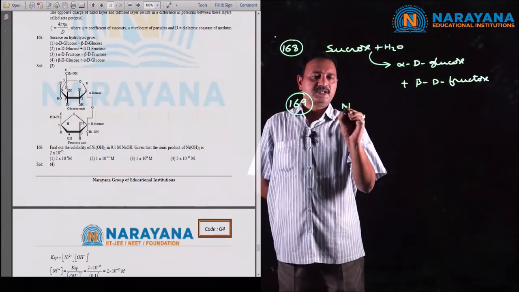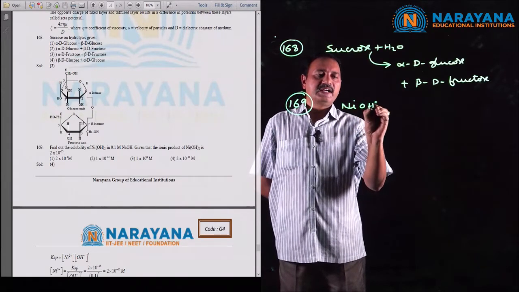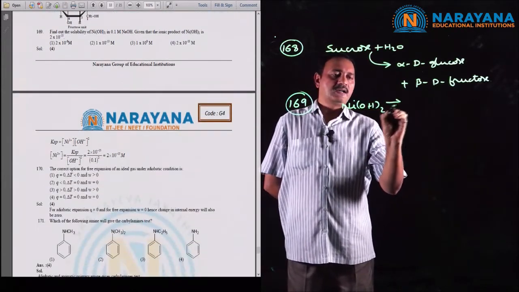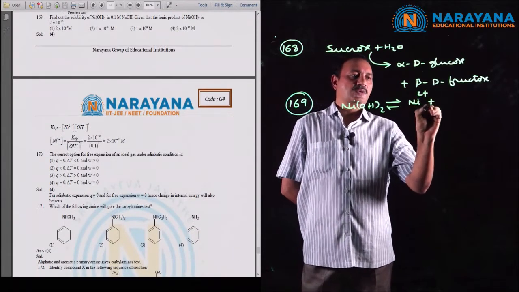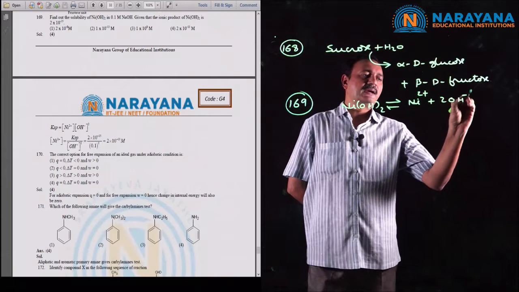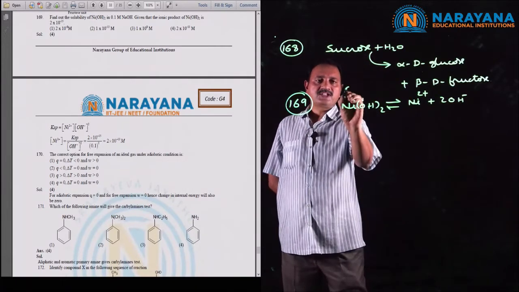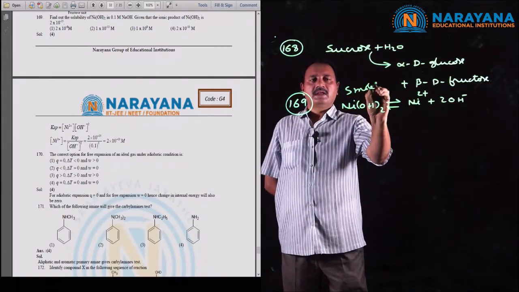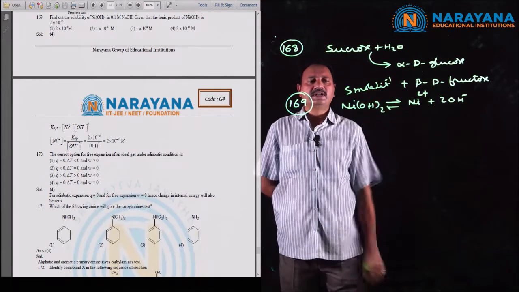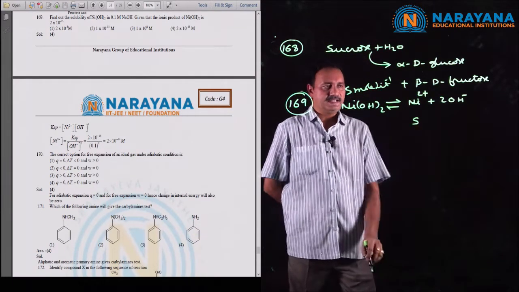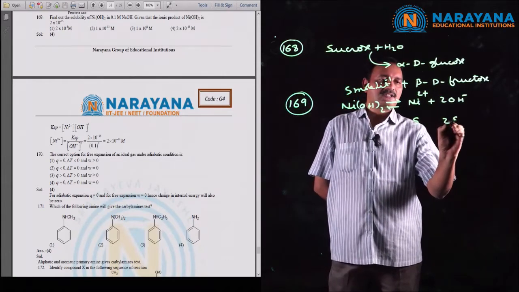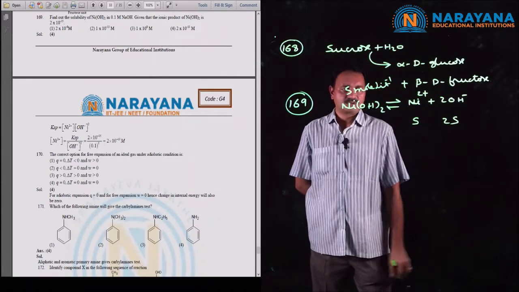Let us consider nickel hydroxide undergoes dissolution and produces Ni2+ ion along with 2OH- ion. If S mole per liter is the solubility of nickel hydroxide, the concentration of Ni2+ ion is S and the concentration of OH- ion is 2S.